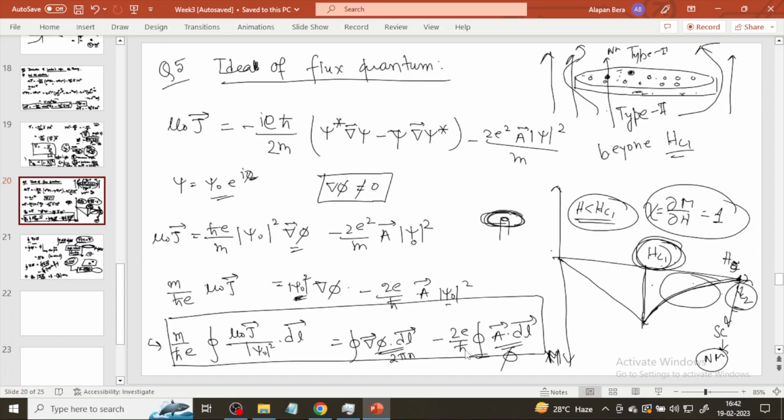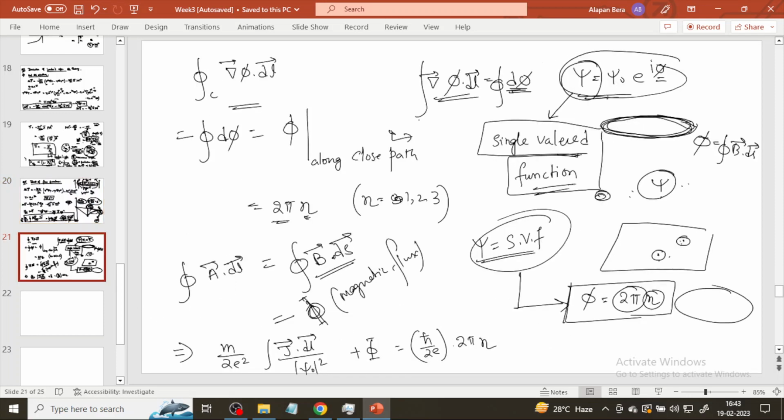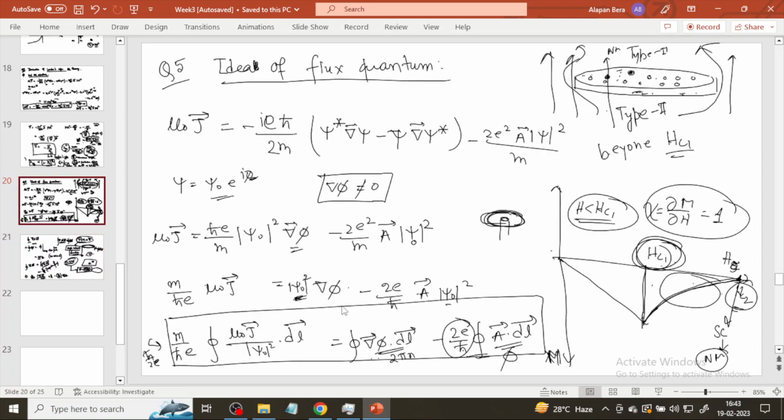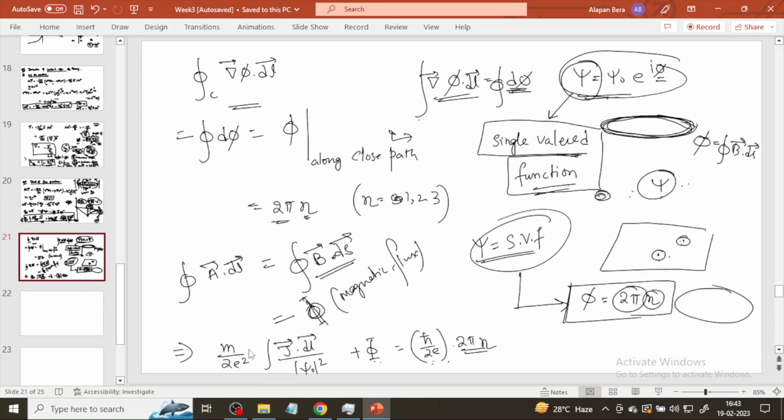We have multiplied both sides by h cut by 2e, so this goes out, and this gives us h cut by 2e times 2 pi n. By taking this term to this side, it becomes plus phi. So now we finally get this equation.